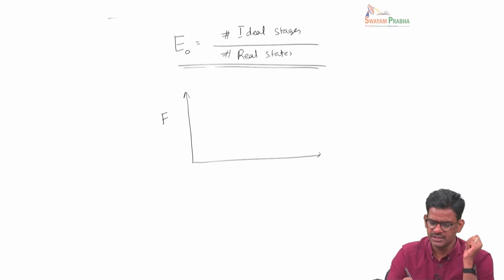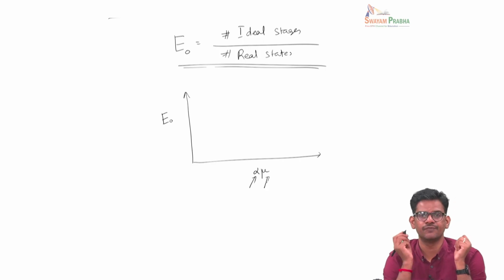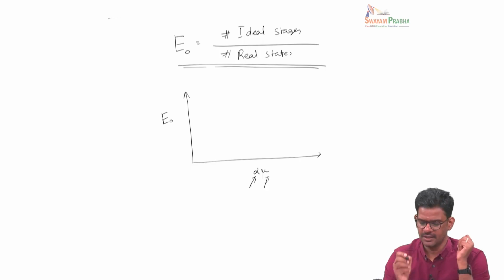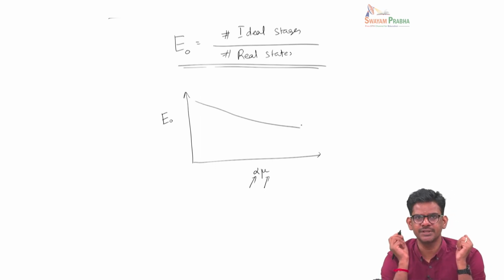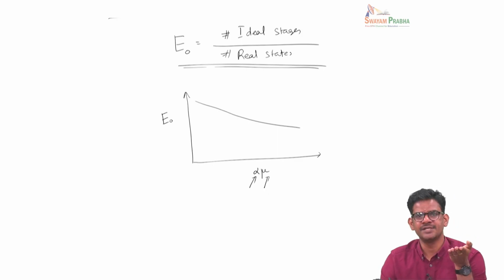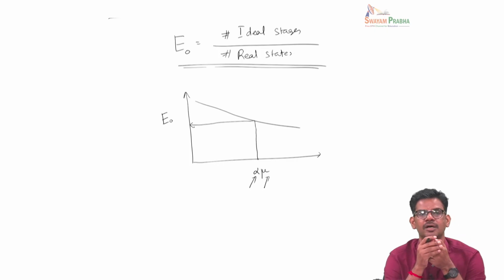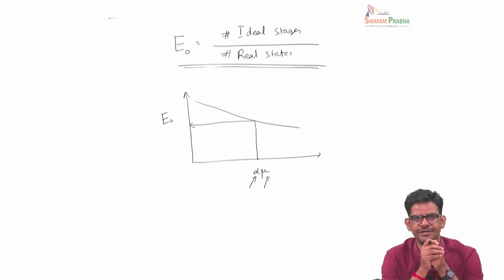There are plots that relate the overall efficiency with alpha times mu, where alpha is the relative volatility and mu is the viscosity of the liquid, and you see some sort of an empirical correlation, and we can look at the relative volatility and the liquid viscosity, and then from here we can read the overall tray efficiencies from an empirical data set like this.